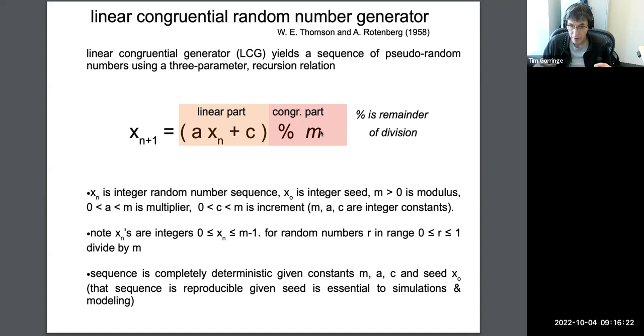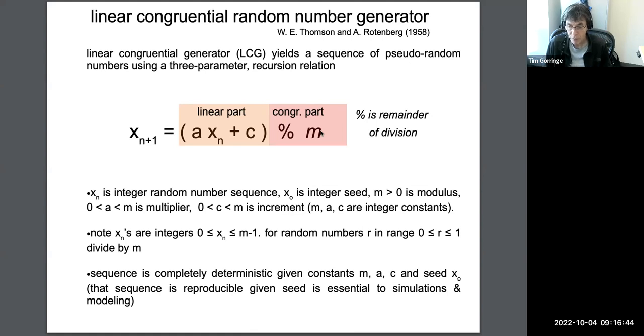Now, for M equals 32, getting a sequence of 32 different numbers, that's the biggest period you can get. For M equals 128, getting a sequence of 128 different numbers, that's the fullest period that you can get.